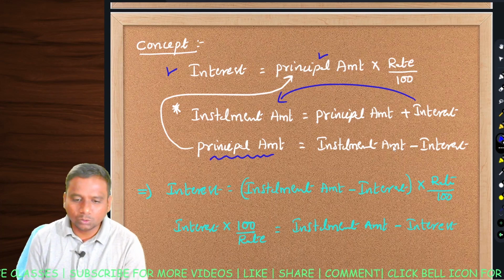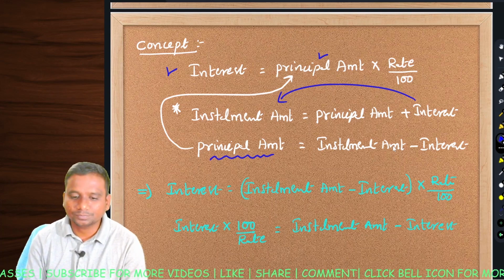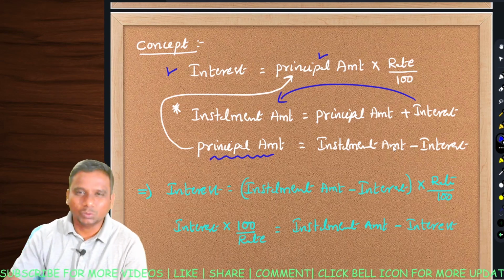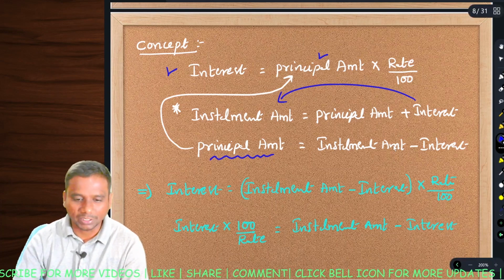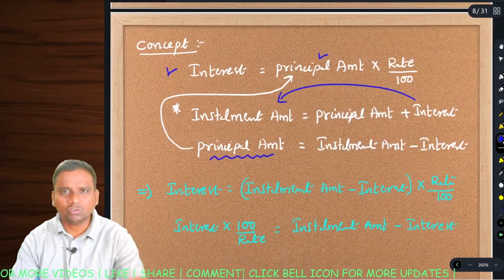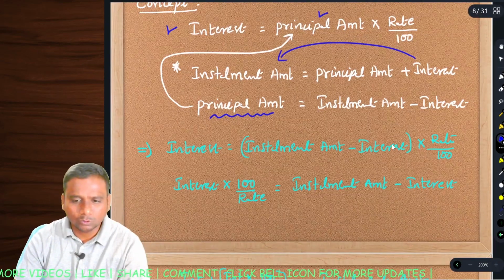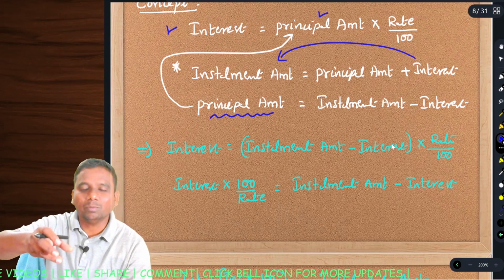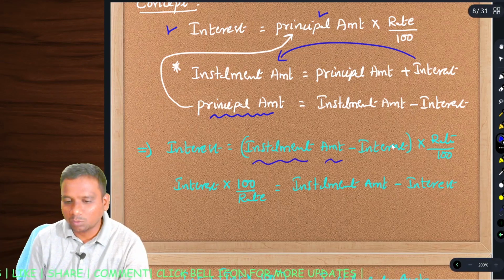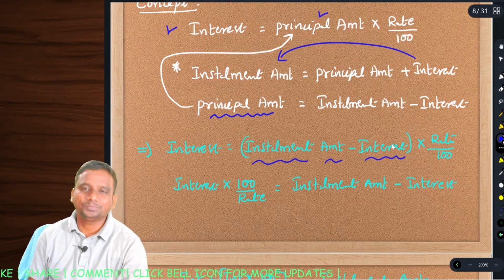Now substitute this principal amount in the formula. To understand, students, it is very interesting. So interest is equal to, same formula, first formula, interest is equal to, instead of principal amount, we are substituting installment amount minus interest, into rate by 100.